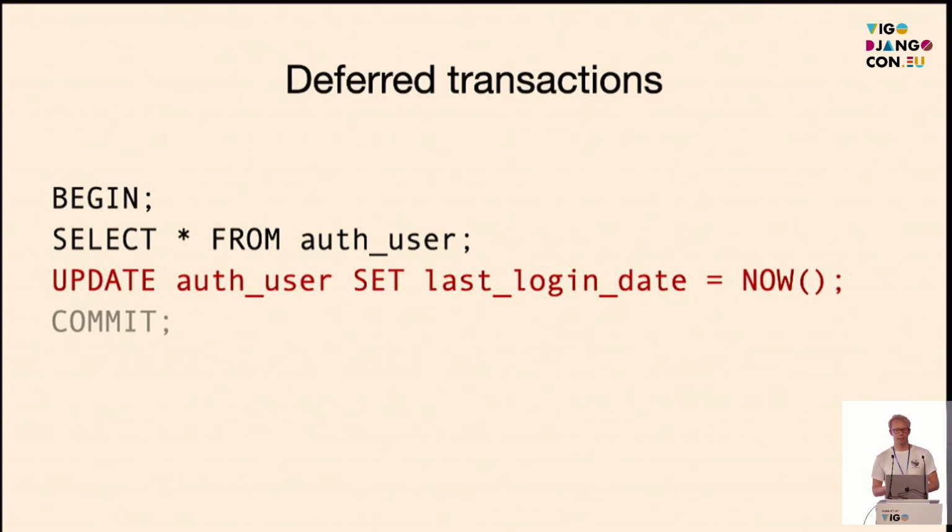And the reason for this is that SQLite has the serializable isolation guarantee, and because at this point we would have to wait for another transaction to finish, that other transaction might change data in the auth user table that we read at the beginning of the transaction, and that could essentially invalidate our assumptions on what we're doing with the update statement, and thus causing potential problems for us.